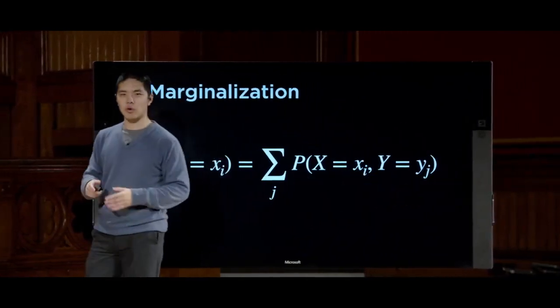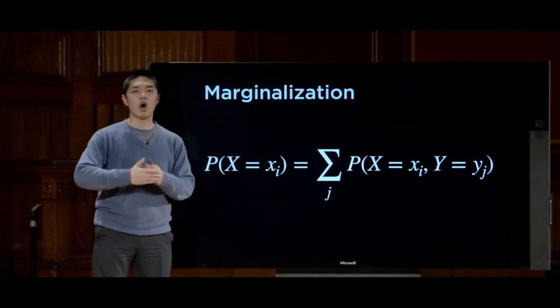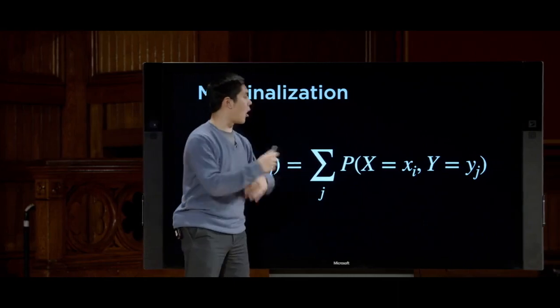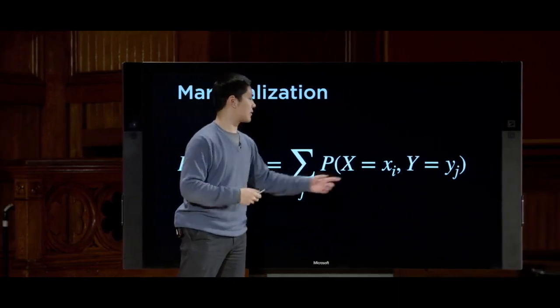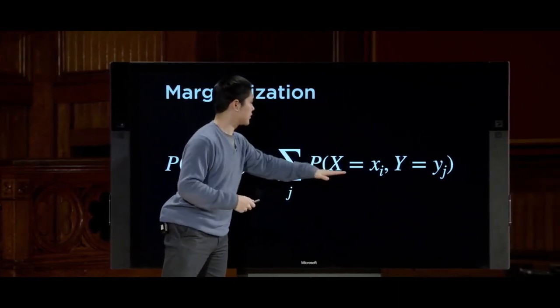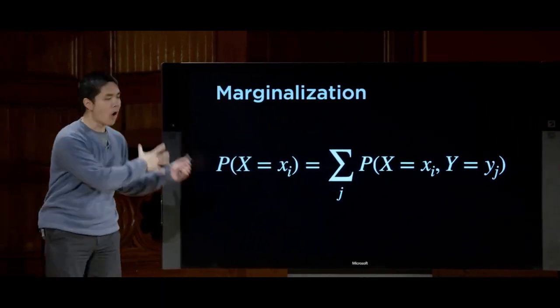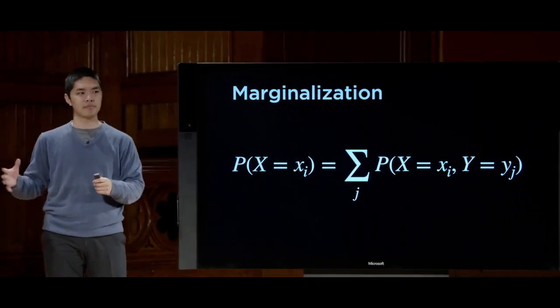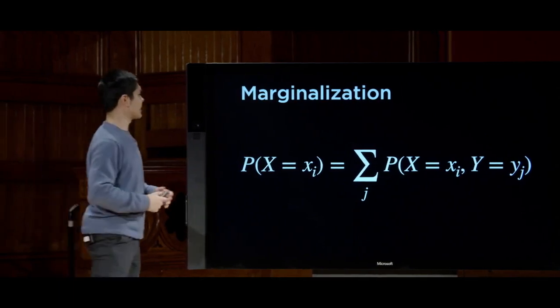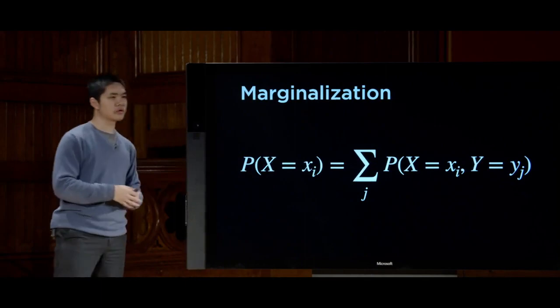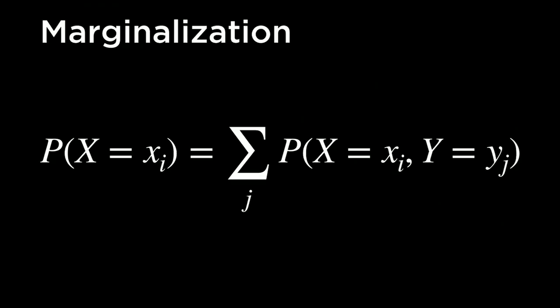So the exact same rule. The only difference here is now I'm summing up over all of the possible values that Y can take on, saying let's add up all of those possible cases and look at this joint probability that X takes on the value I care about, given all of the possible values for Y. And if I add all those up, then I can get this unconditional probability of X being equal to some value x sub i.